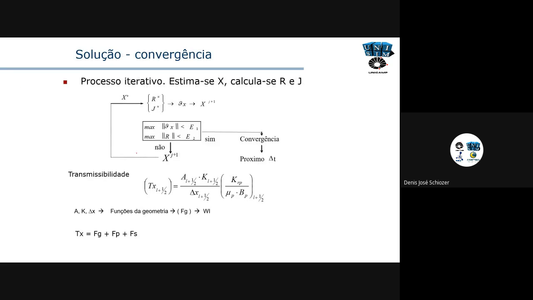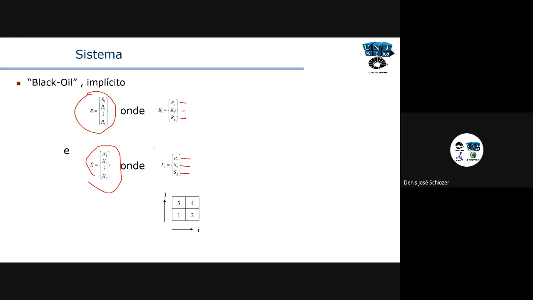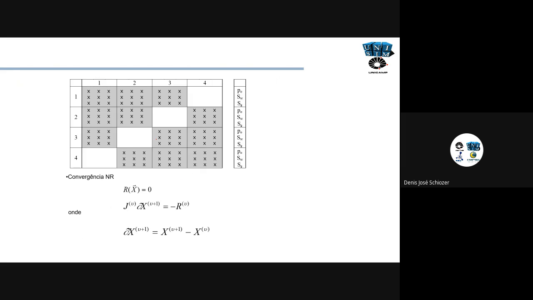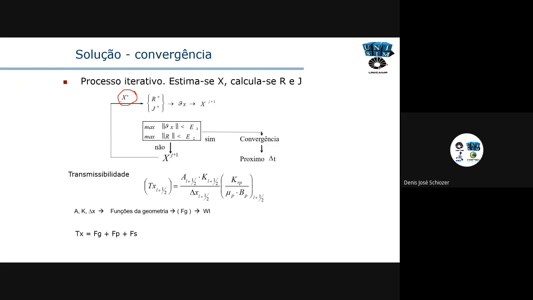And once we have this, we have to solve this many times. We have seen this in the last class. We finished at this point. So I have an initial guess of X, which is the pressure and saturation. I have to guess pressure and saturation of all the blocks. Once I have all the saturations, I calculate the residuals. If the residuals are 0, then I reach the solution.